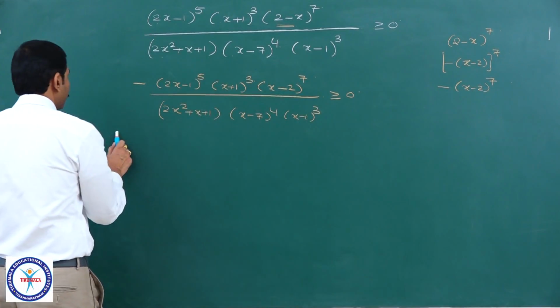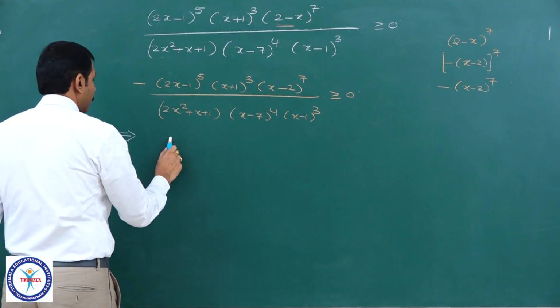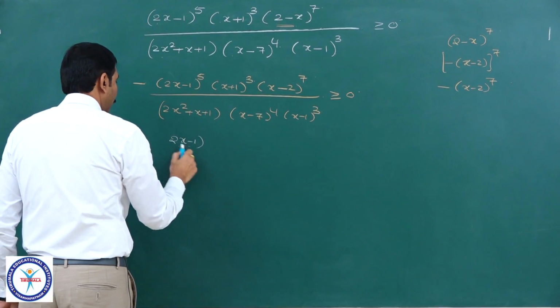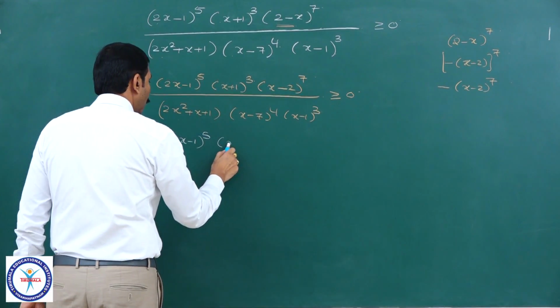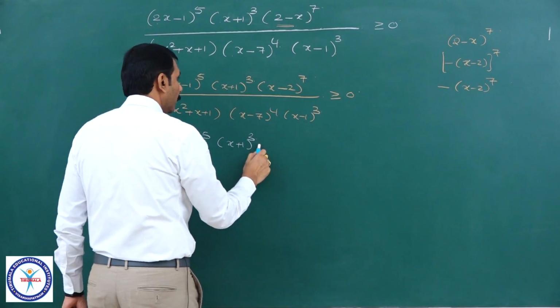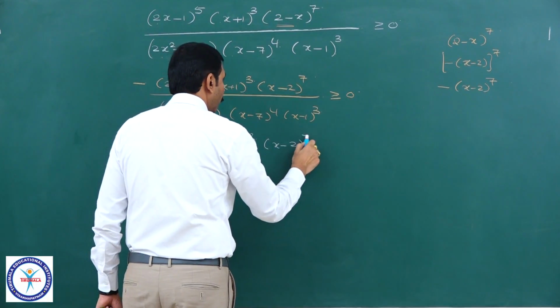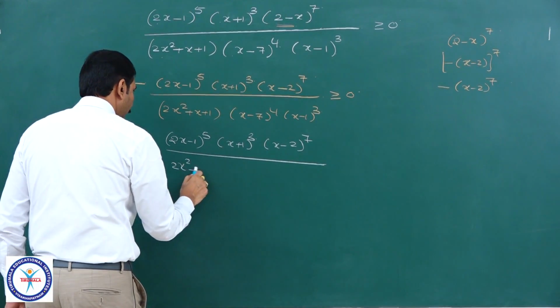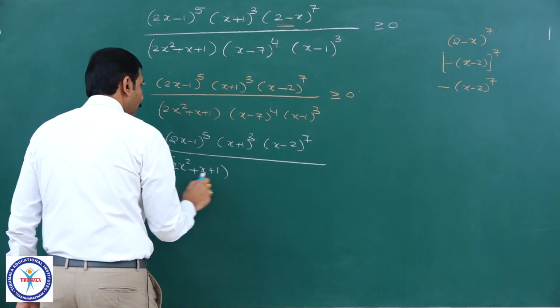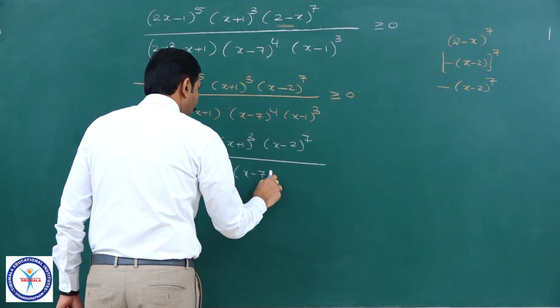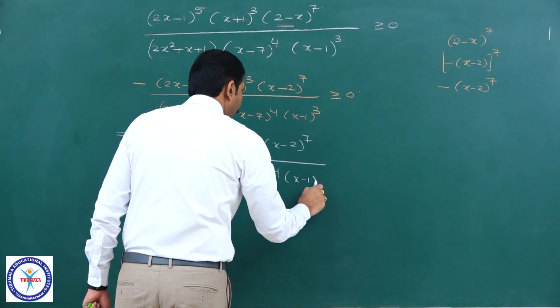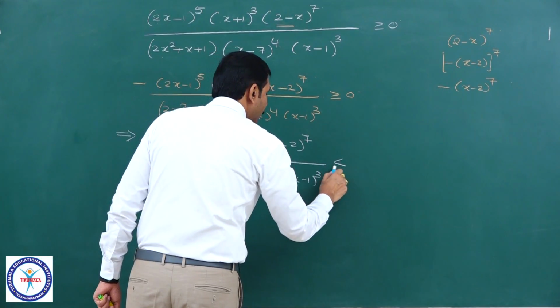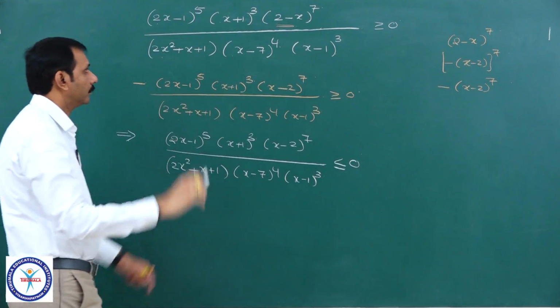That implies, I am multiplying with minus sign, (2x minus 1) whole power 5 into (x plus 1) whole cube into (x minus 2) whole power 7 by (2x square plus x plus 1) into (x minus 7) whole power 4 into (x minus 1) whole cube less than or equal to 0.